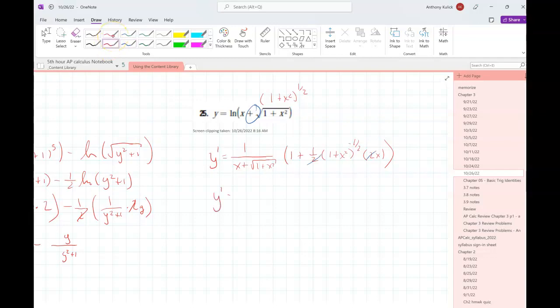And then this will be, oops, and I have an x on that, which is looking pretty nasty here.